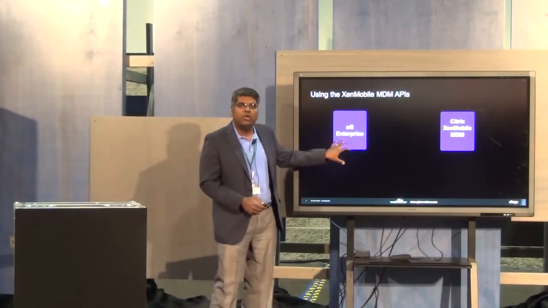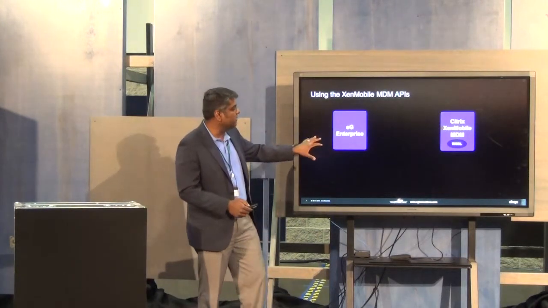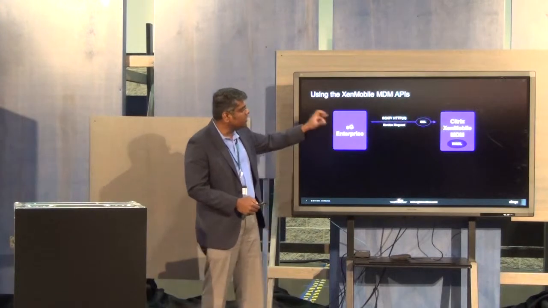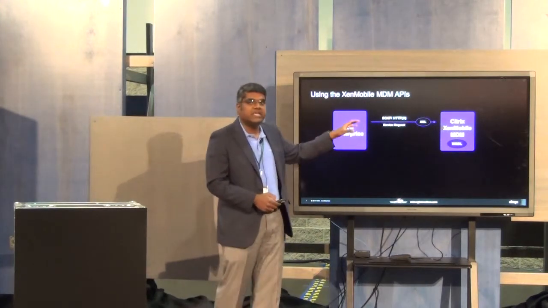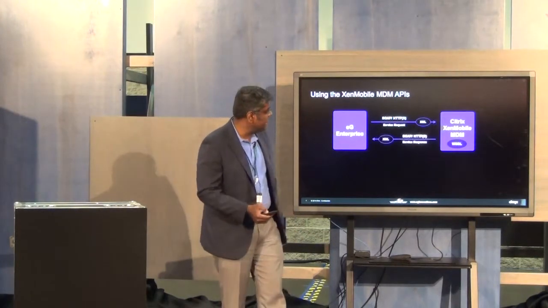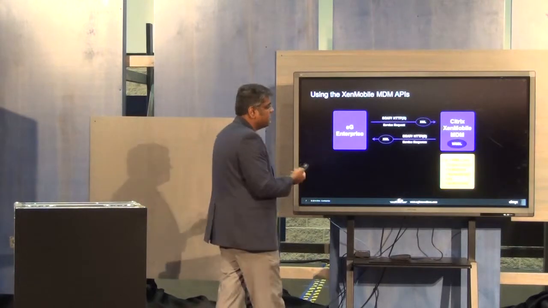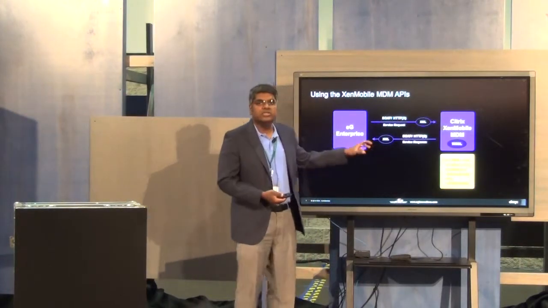So this is an overall architecture of how we are connecting to the Citrix Zen Mobile MDM. From EG Enterprise, we are sending in a service request using an XML SOAP HTTPS request, and we get a response back. We are using the WSDL web services, and these are some of the WSDLs that we depend on to get this data.